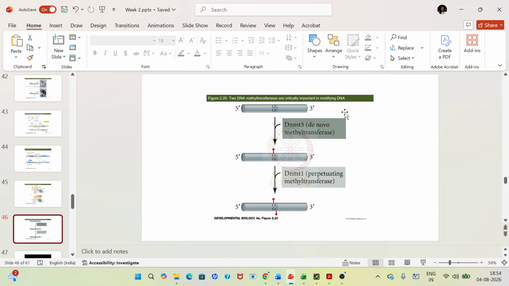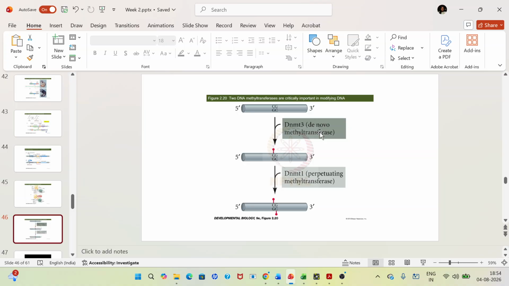Okay. So obviously the methyltransferases are critically important in modifying any DNA. De novo methyltransferases are those kind of transferases which can add a methyl group to a strand which does not have any methyl group initially. So they can do a de novo methylation of any DNA strand. But DNMT1, these are the perpetuating methyltransferases.